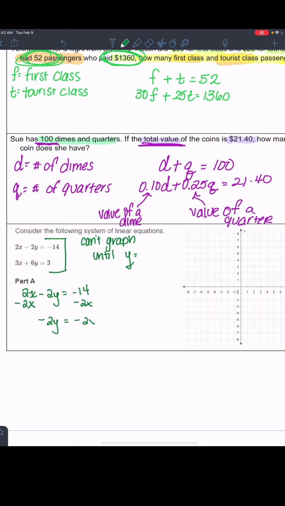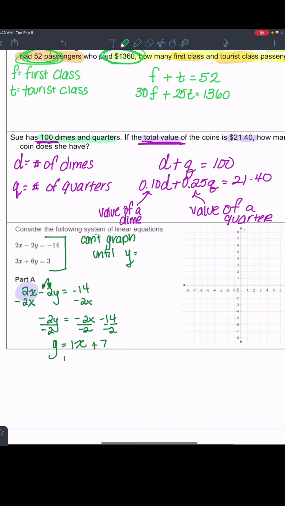So negative 2x minus 14. This here is all one term that I want to bring over. Now, this negative here has to stay with the 2. So I'm going to divide by negative 2 so that I get y equals 1x plus 7, because a negative by a negative is a positive.